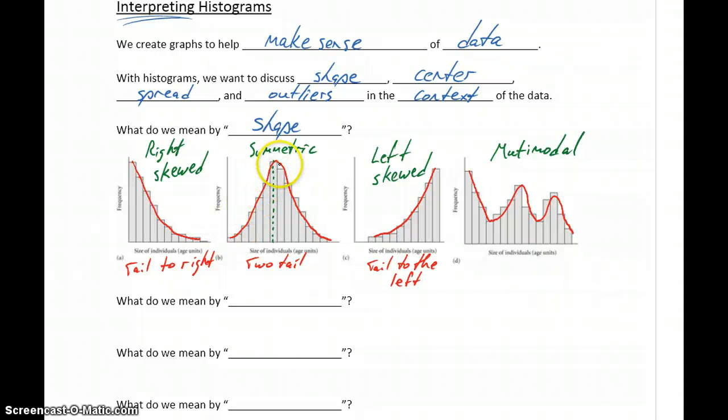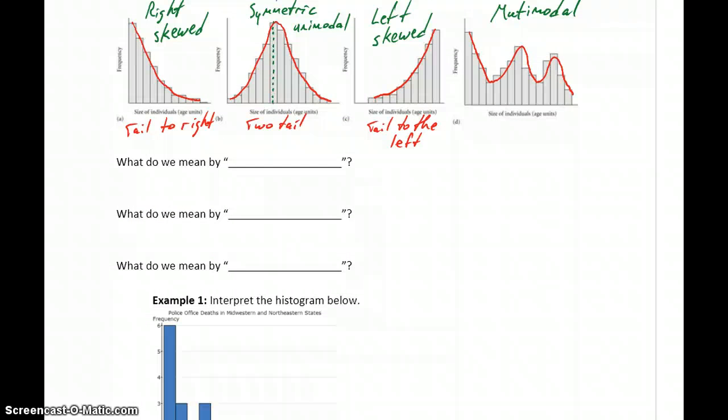So for instance, our symmetric graph has just one mound or one peak. So we could call this a little more specifically a symmetric and unimodal distribution, meaning there's one mode or one peak. This one is multimodal because we have multiple peaks occurring. So that's what we talk about when we talk about shape. Is it symmetric, multimodal, skewed?